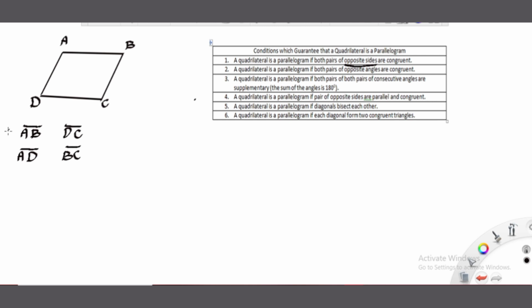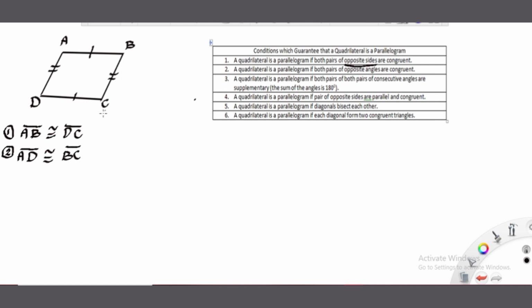A quadrilateral has two pairs of opposite sides, and to guarantee that this is a parallelogram, its opposite sides should be congruent. So if this quadrilateral ABCD is a parallelogram, it means that AB is congruent to DC, and AD is also congruent to BC.